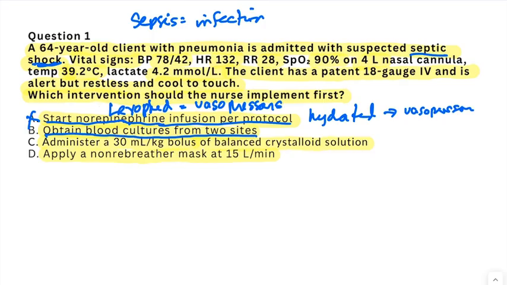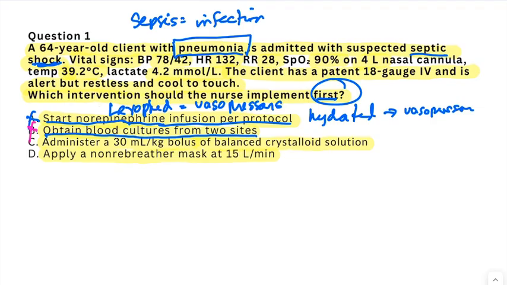Now, in this particular scenario, it looks like the patient has pneumonia as the potential cause of sepsis. Although it's a good response in terms of what to do with septic shock, in this particular scenario, it's asking for what's the first thing that the nurse needs to do. And therefore, letter B is not a correct answer.